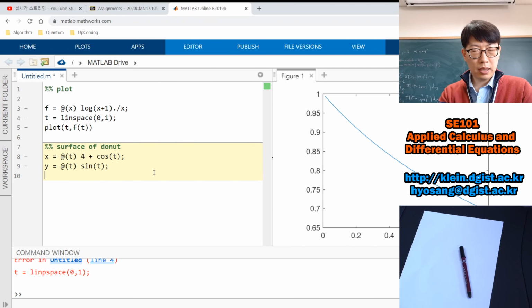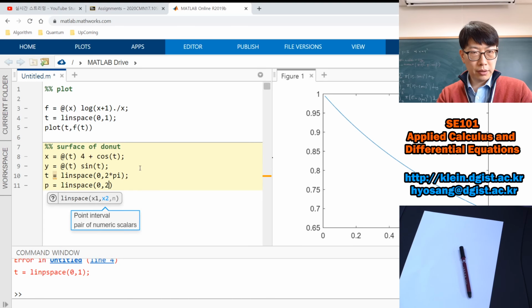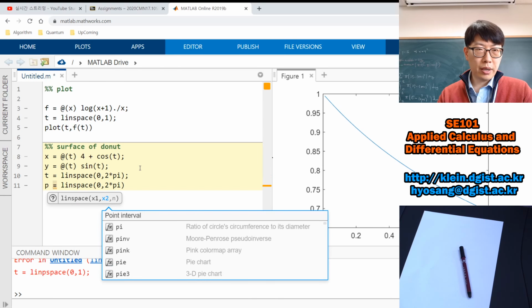Let me call that p. So I need t as an angle between 0 to 2 pi, and p as an angle between the same 0 to 2 pi.